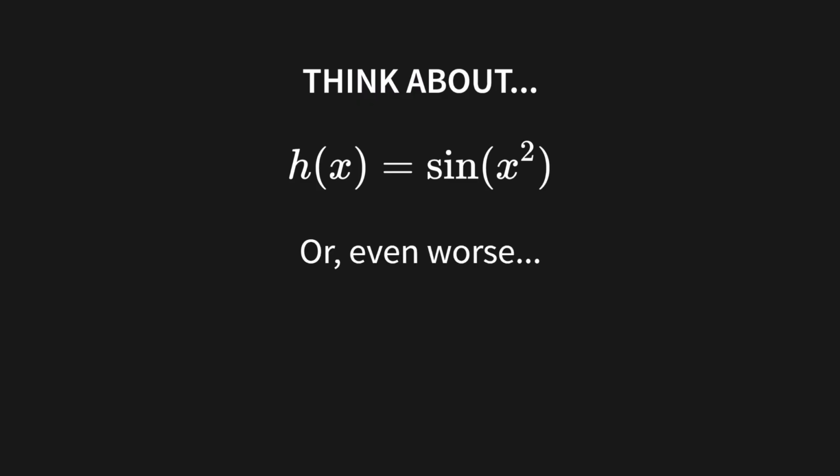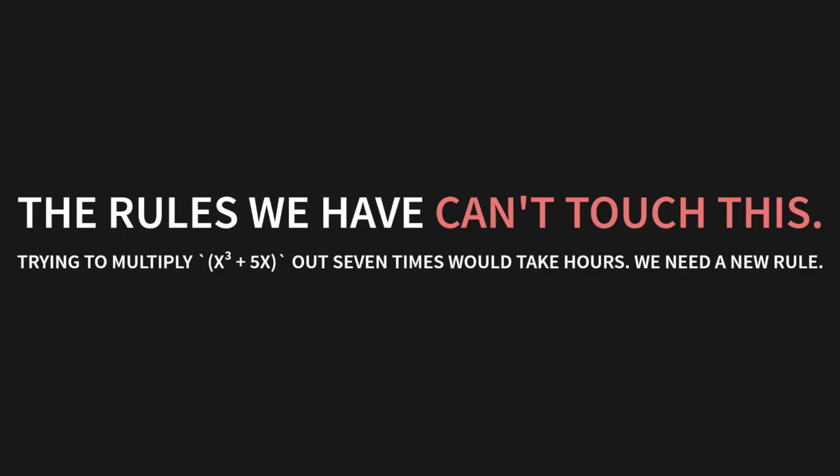Or even worse, h of x equals x cubed plus 5x, all raised to the 7th power. The rules we have can't touch this. Trying to multiply out x cubed plus 5x 7 times would take hours. We need a new rule.